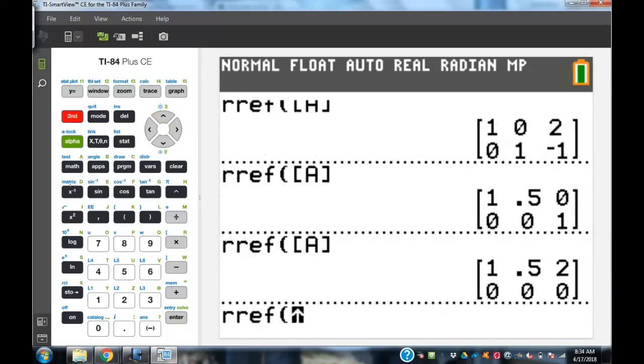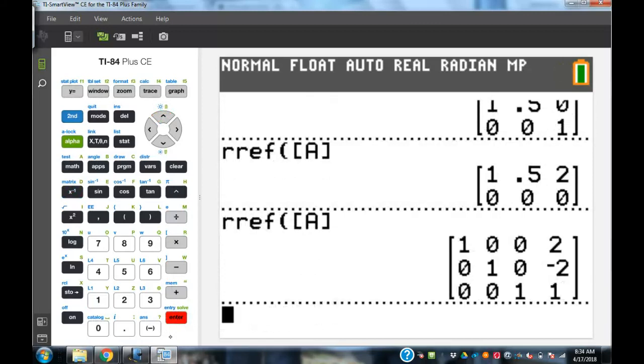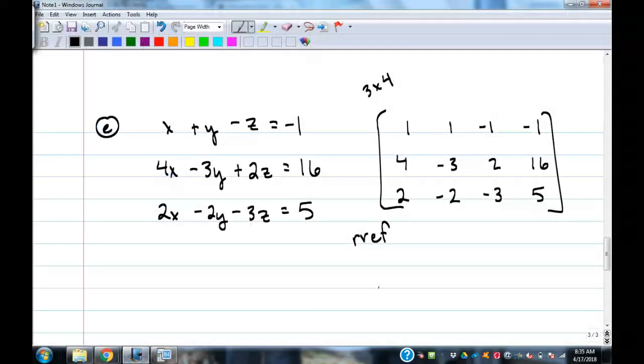All right, and this is the matrix we get back. 1, 0, 0, 2. 0, 1, 0, negative 2. 0, 0, 1, 1.